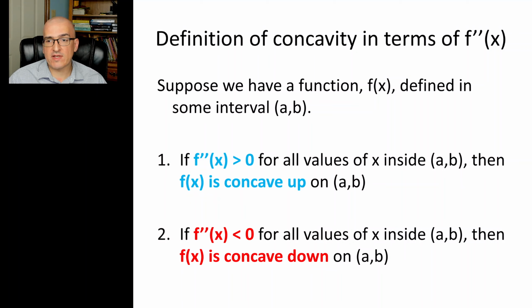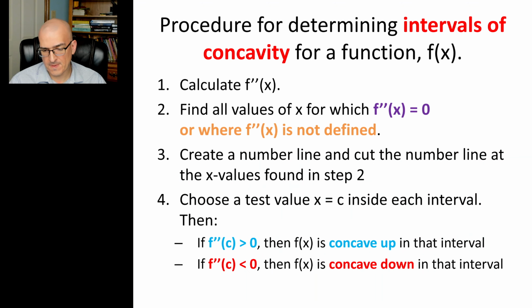So if f double prime of x is positive between a and b, it means the function is concave up between a and b. If f double prime of x is negative, if it's less than 0, and let's say that that's true for values of x between a and b, then that means the function is concave down between a and b.